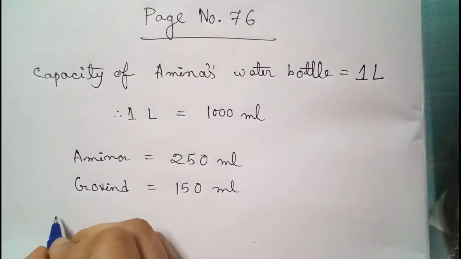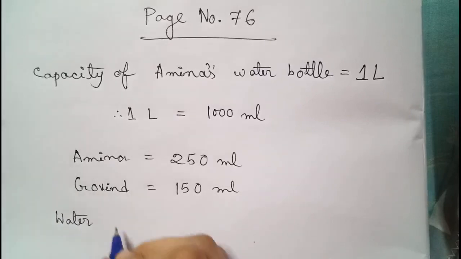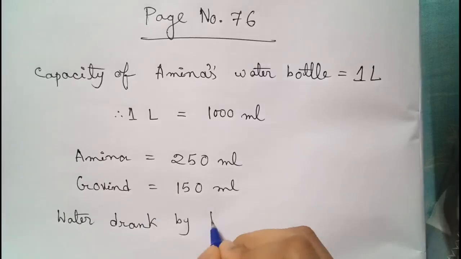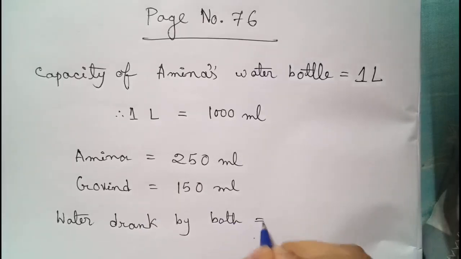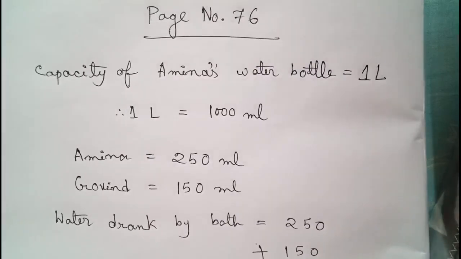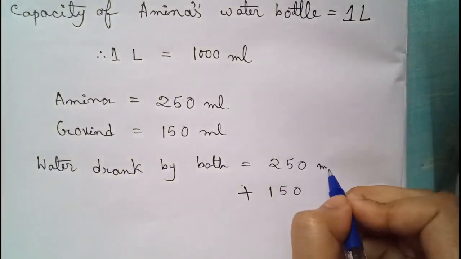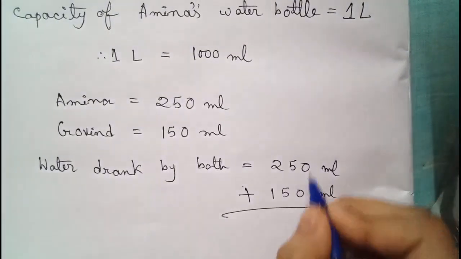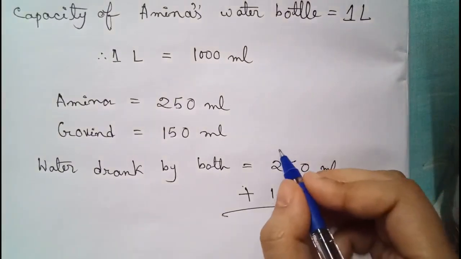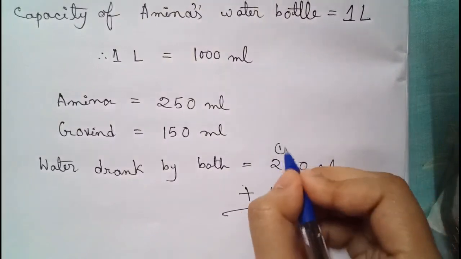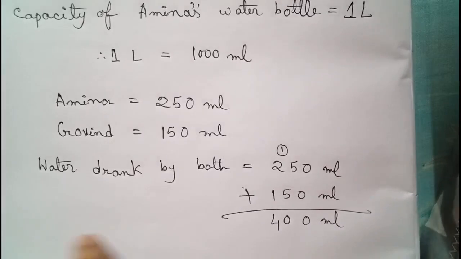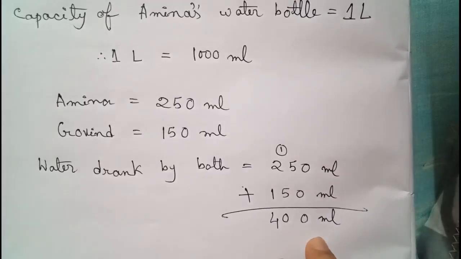So quantity of water drunk by both will be 250 plus 150 milliliter, right? So 0 plus 0 equals 0, 5 plus 5 is 10, carry 1, 2 plus 1 equals 3, plus 1 is 4. So water drunk by both is 400 milliliter.